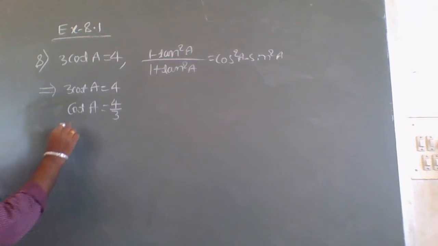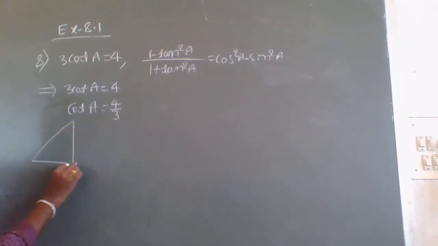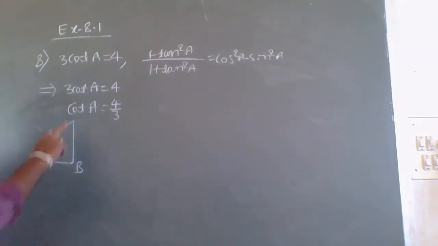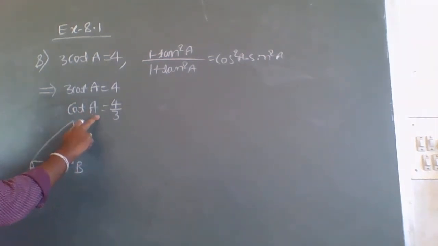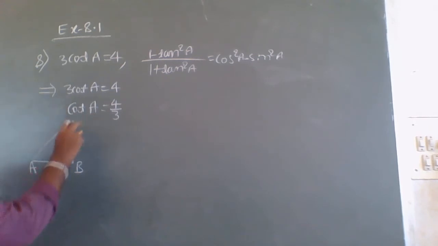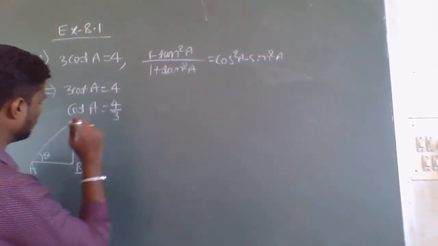Now I will consider a right angle triangle, which is 90 degrees at angle B, and this angle A is considered as theta, because here they have given cot A. And this is C. Cot A is equal to 4 by 3.